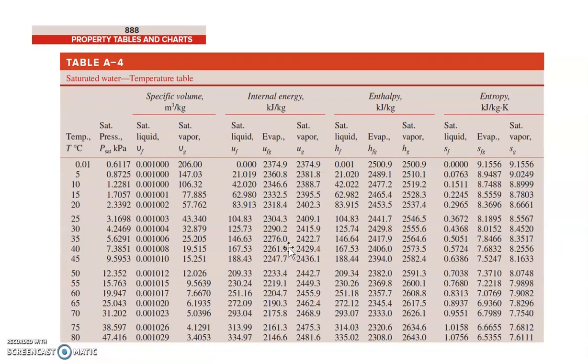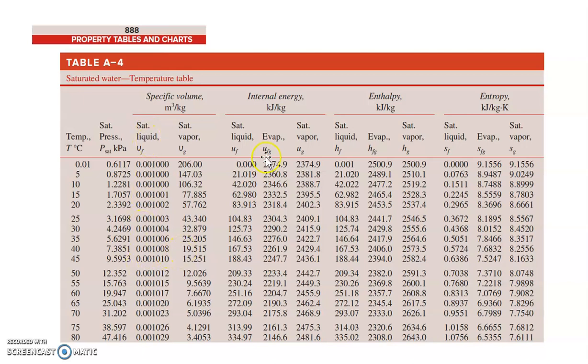An example, the structure of table A4. This is the saturated water temperature table. So you see here that at any temperature, this is where the water starts to vaporize, the saturation pressure. Let's say if you have water at 20 degrees C, the water will start to vaporize at 2.3392 kilopascal. This is the specific volume of saturated liquid.